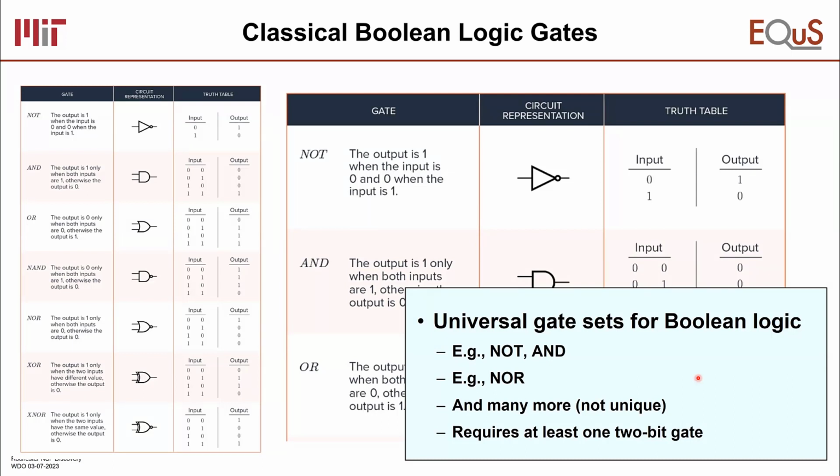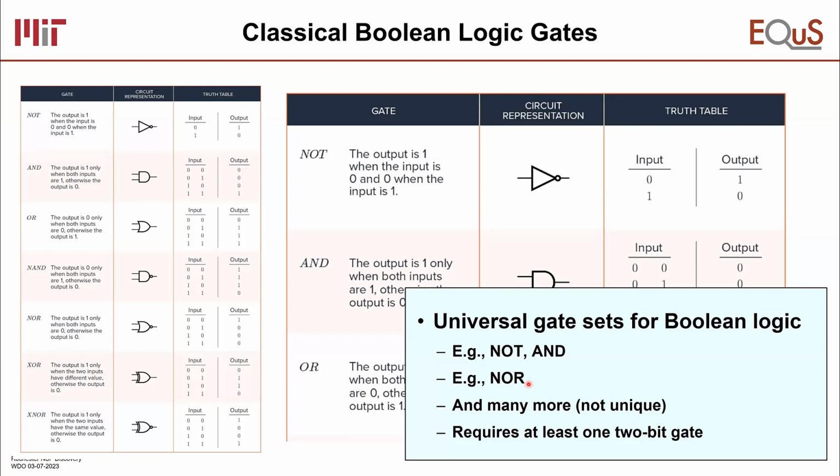we can form a universal set of Boolean logic gates by taking just a handful of these options here. And it's not unique. So for example, the NOT gate and the AND gate together form a universal set. The NOT gate and the OR gate, or equivalently the NOR gate, that is a universal set. And what we mean by universal is that from any state in the state space, any starting point, we can get from any state, let's call it A, to any point B in the state space using just these gates.